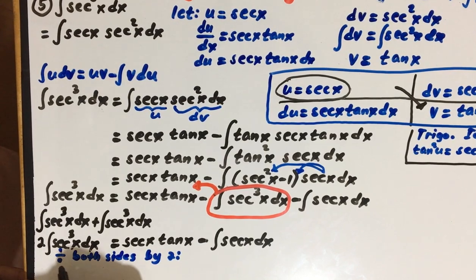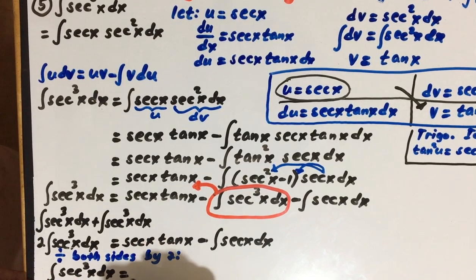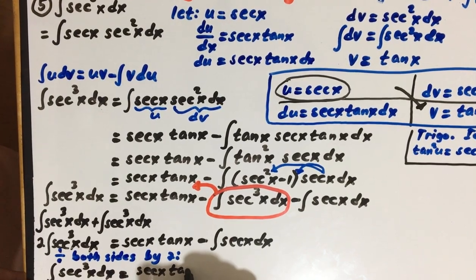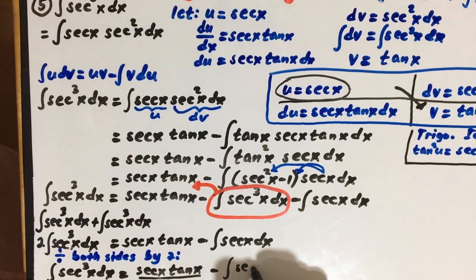So this becomes the integral of secant cube x dx equal to secant x tangent x, divide this by 2, then minus the integral of secant x dx.